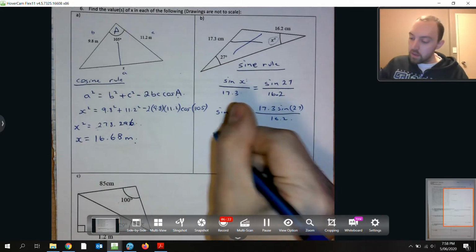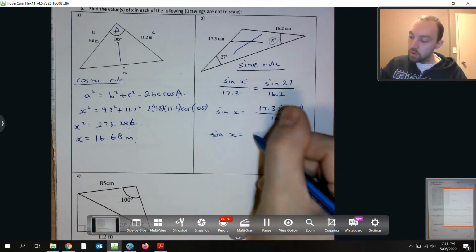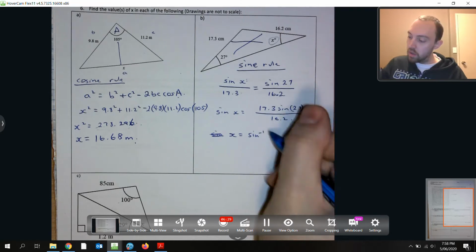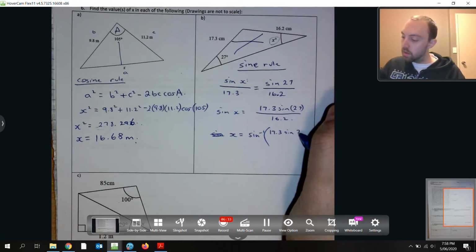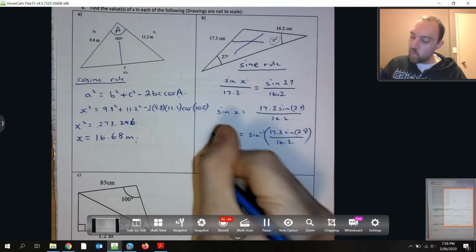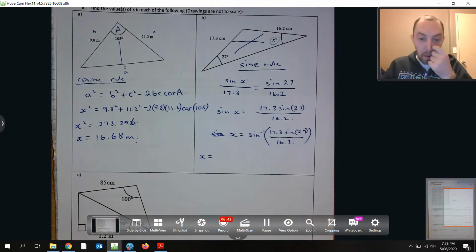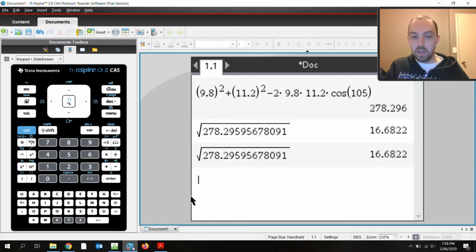Which means that x is equal to sine to the -1 of 17.3 sine of 27 over 16.2. And we'll talk a little bit more about the inverse of sine here because it changes one of my answers a little bit.